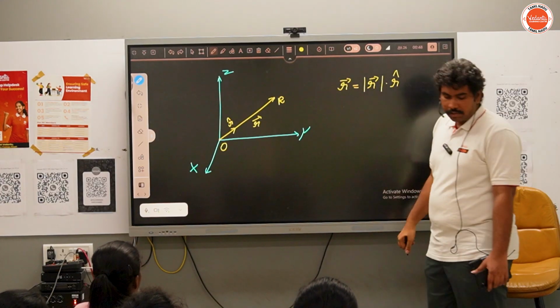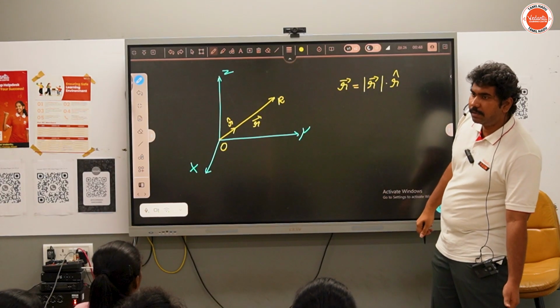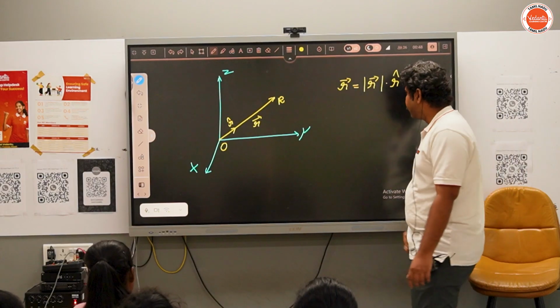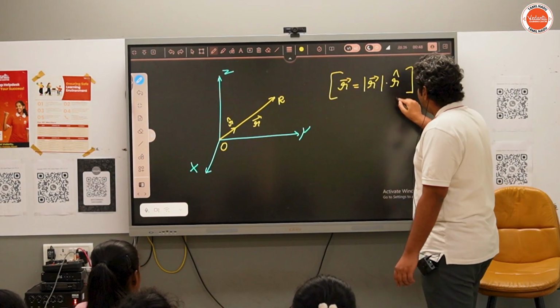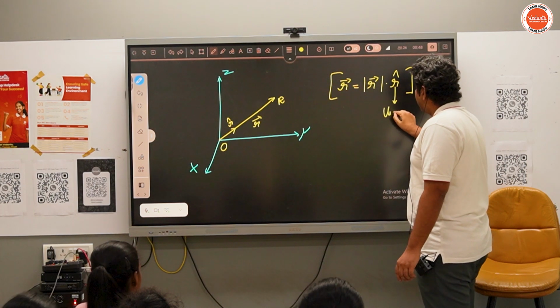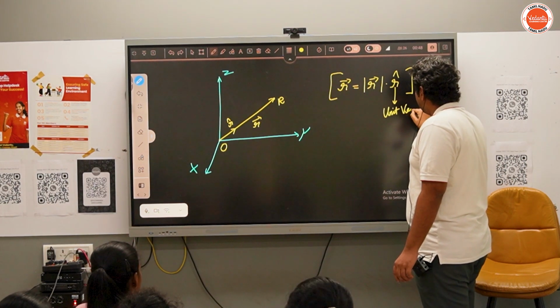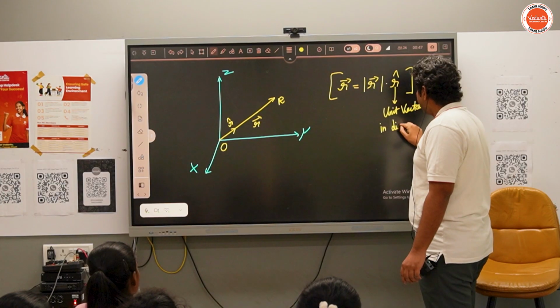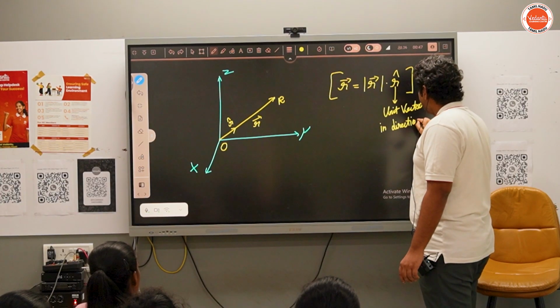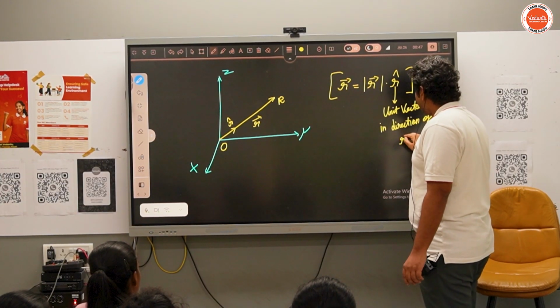Okay, this is going to be applied for any dimension. So here R cap is a unit vector in the direction of R vector.